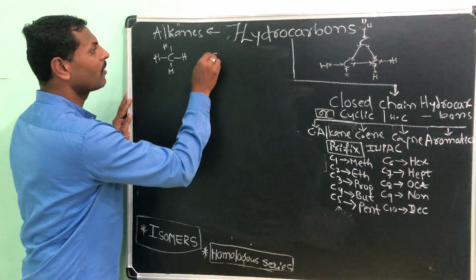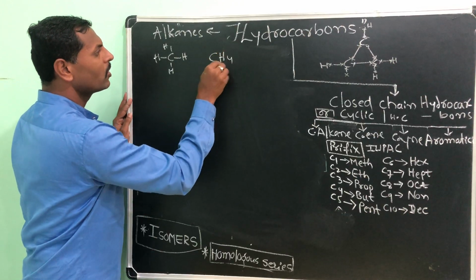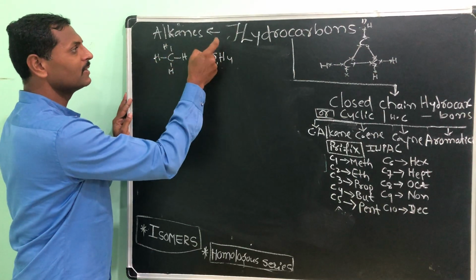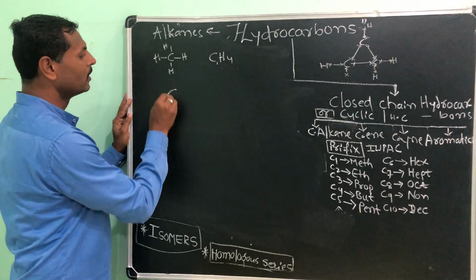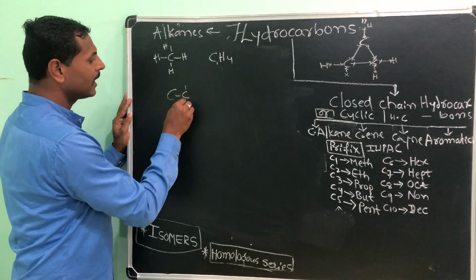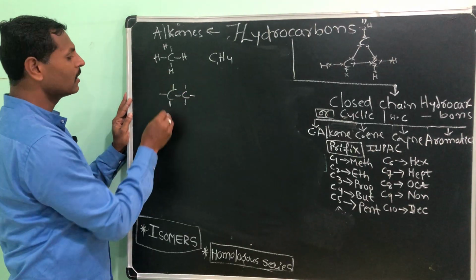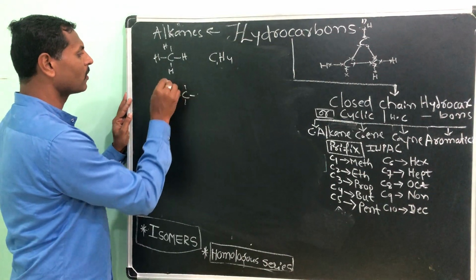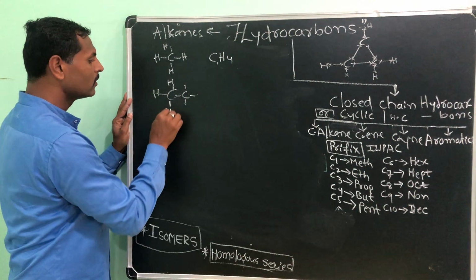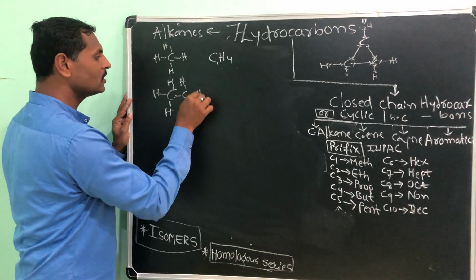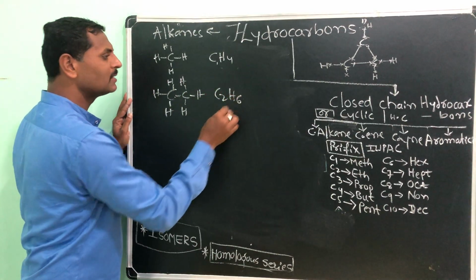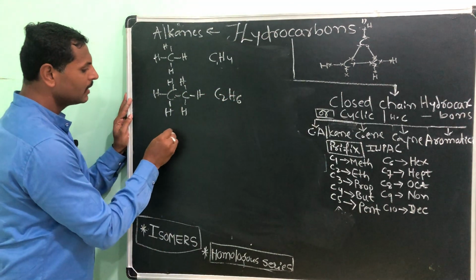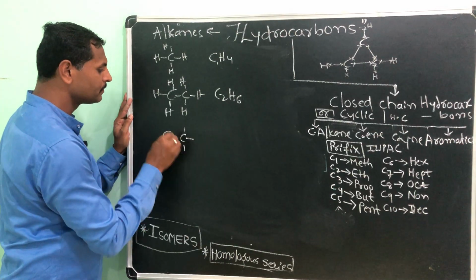And this is the structural formula, this is the molecular formula, this is SF, this is MF, please take it down. Second one, I will write here 2 carbons, 1, 2, 3, 4, 1, 2, 3, 4. So check the number of hydrogens, exactly C2H6, very good, and take the third one here.